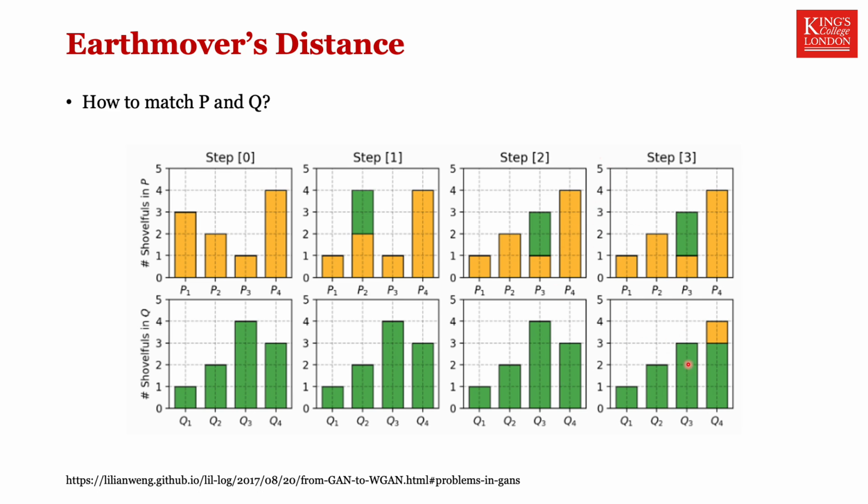So for the next step, we can take one of these elements and move it forward. If we take that element and move it to the next bin, we make the last bin now have 4 components, and the 2 distributions perfectly match each other. So we moved a little bit of the density from Q3 to Q4, and by doing this, the 2 distributions now match. You have 1, 2, 3, 4 here and 1, 2, 3, 4 there. They are exactly the same distribution.